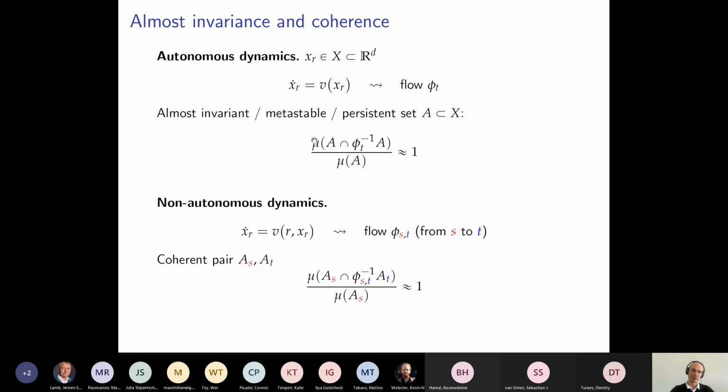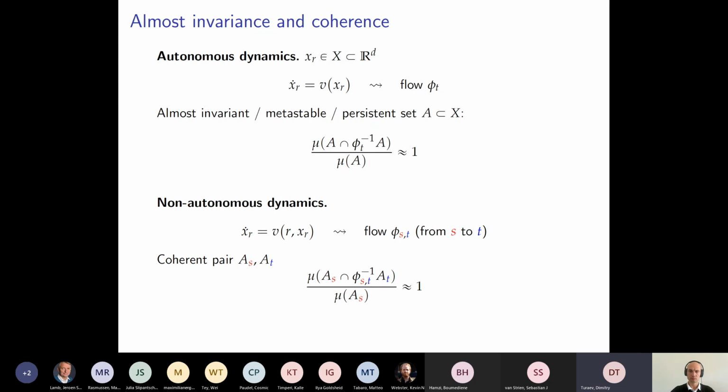Yeah, and this 'most of' is measured with respect to mu, and I take things relative to the original size of A. So if this ratio here is close to 1, I'm talking about an almost invariant set. And now I could talk about for which times t do I want this to be satisfied? But let's just brush these things under the rug.